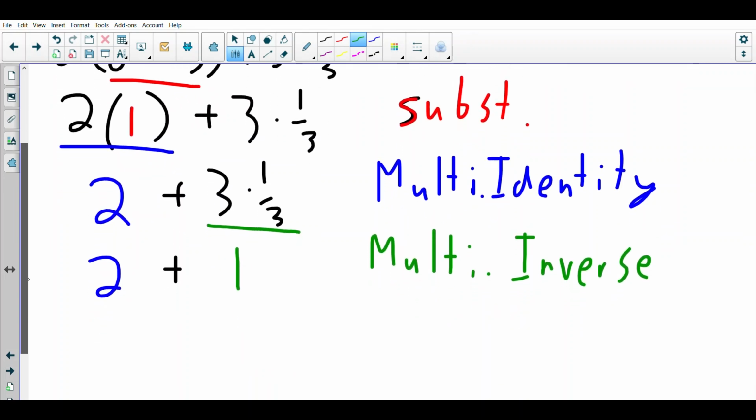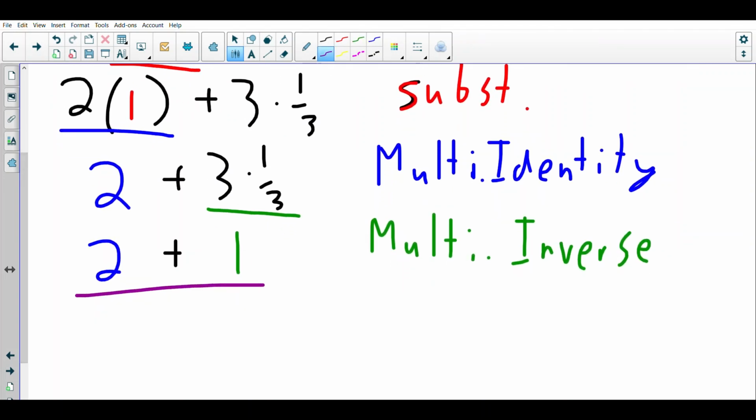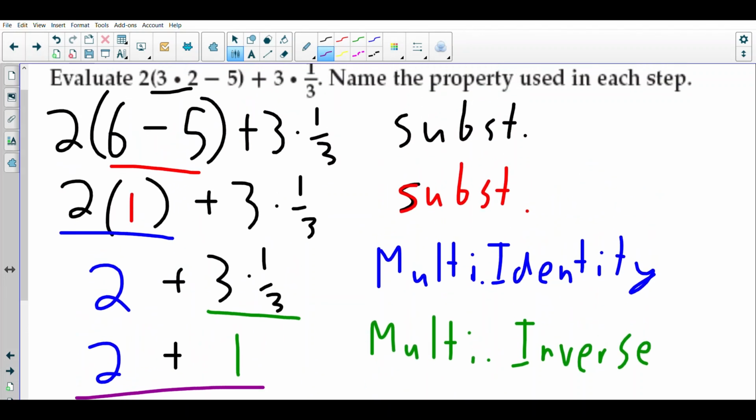Okay, and then the last one, all there is to do is 2 plus 1. I'm taking 2 plus 1 out, and I'm going to put in 3. Well, that's just substitution. And so those are the steps we're doing when we're doing math. Now, in the future, we're not always going to have to write out what we're doing, but doing it right now will help us identify exactly what we're doing.